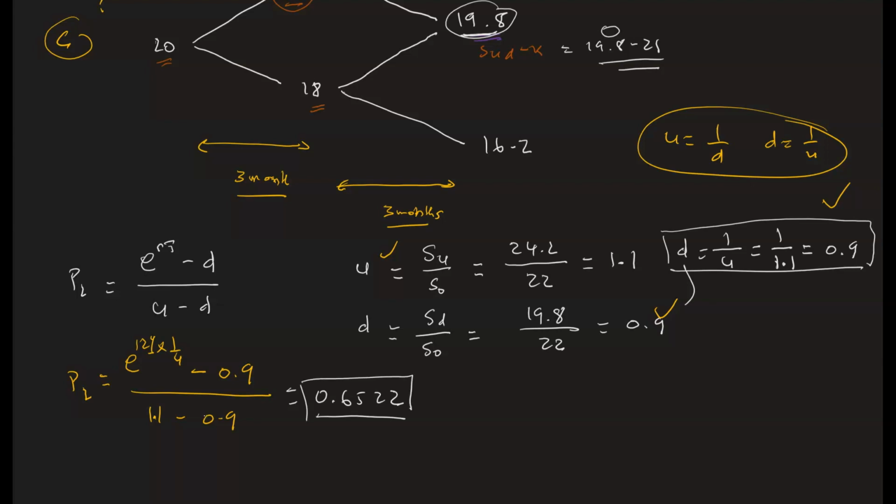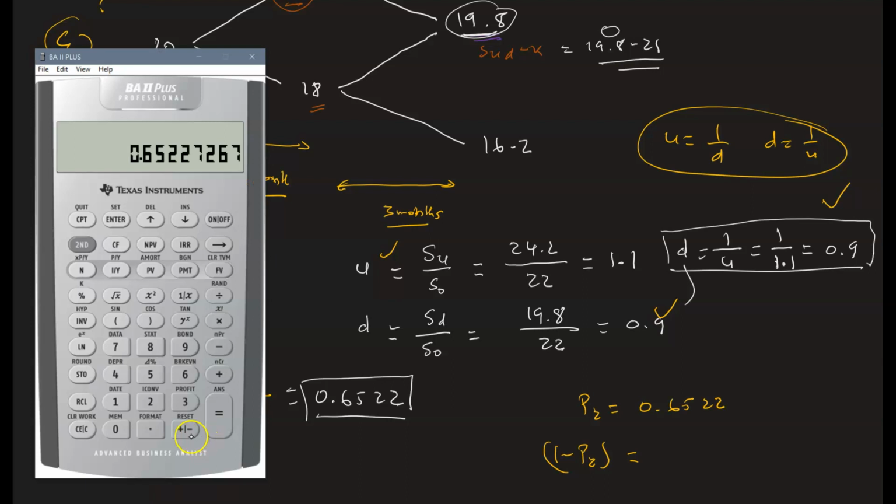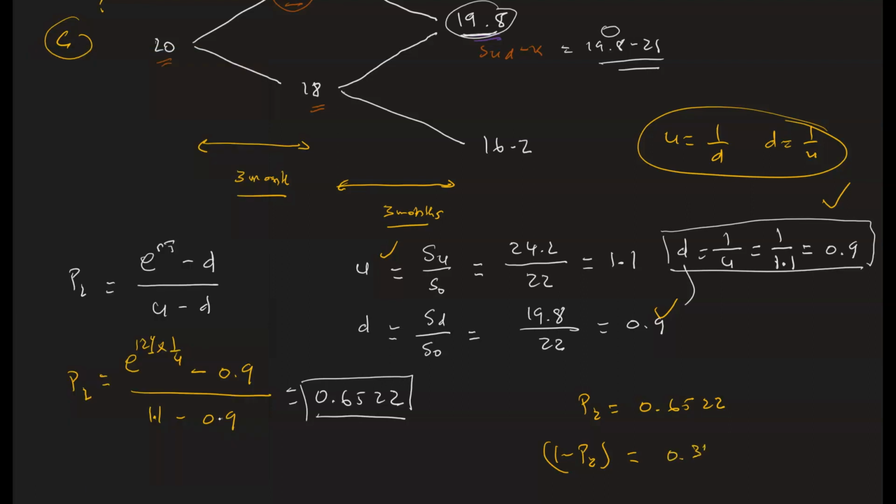So we know that P2 is going to be equal to 0.6522, which means that 1 minus P2 is going to be equal to 0.3477.